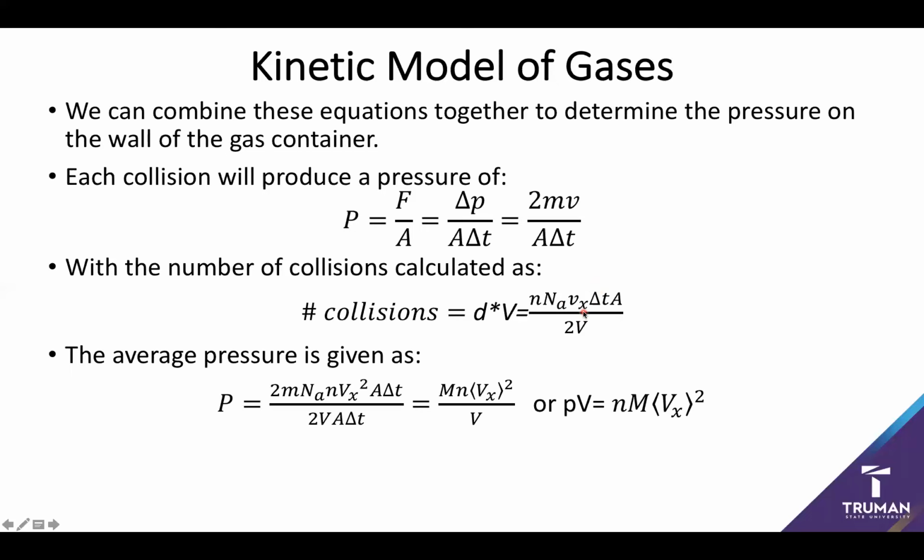So what we can then do is go ahead and combine these equations to give an overall pressure, which simplifies when I account for the number of collisions occurring times the pressure per collision. We see a number of nice things.